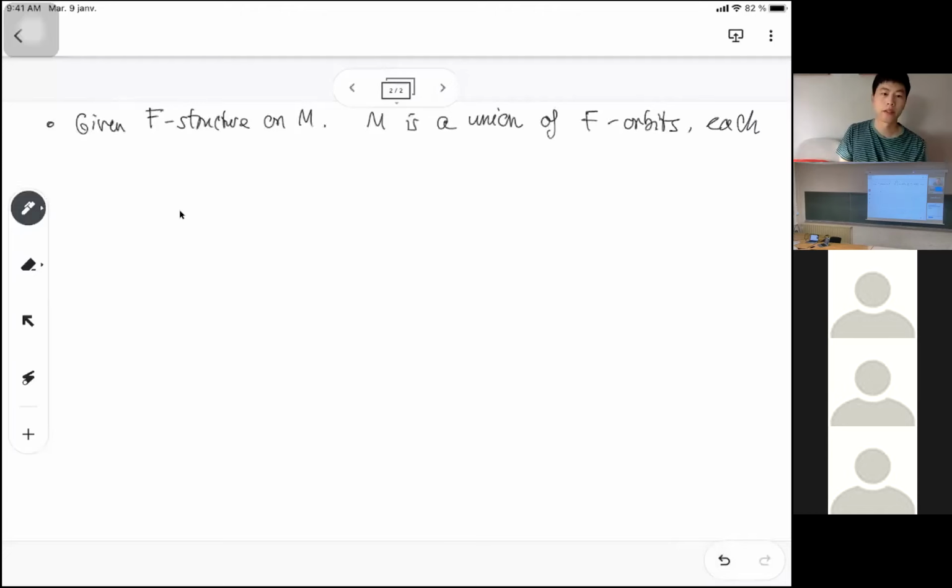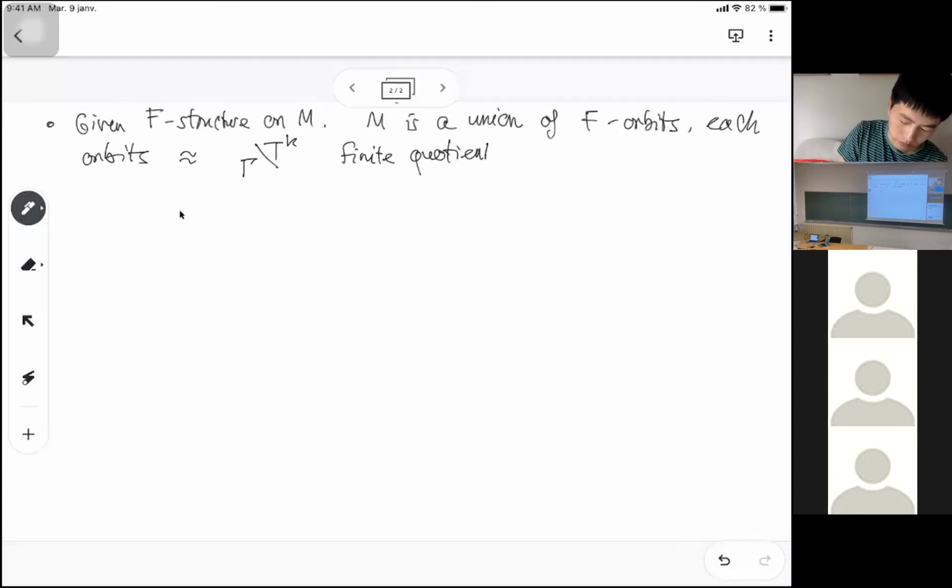And each orbit is going to be a finite quotient of a torus. And remember, positive rank means that these orbits always have positive dimension, and polarized means that these orbits have the dimension of the torus.